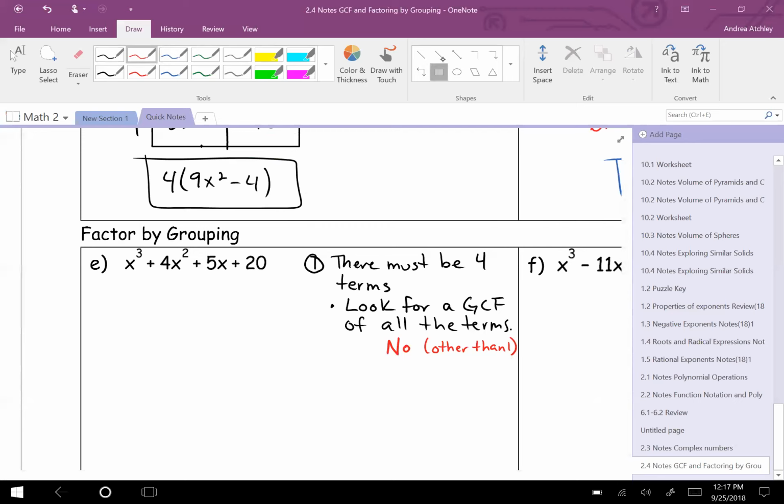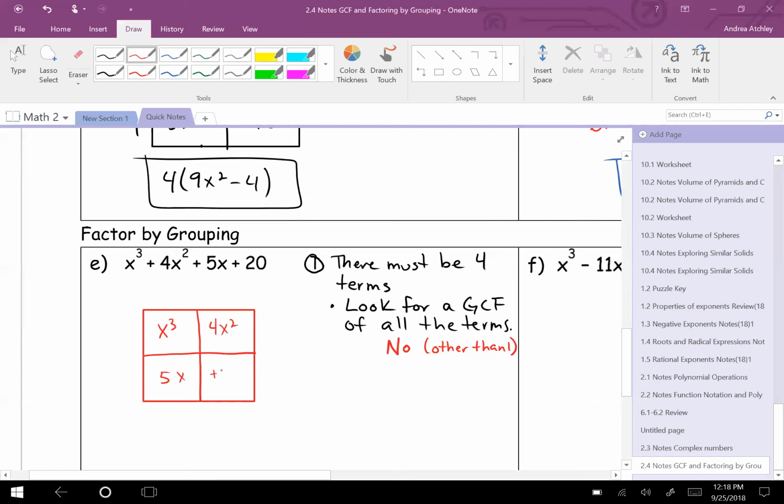So then we're going to create our box. And since there's 4 terms, we're going to create 4 terms here. So it's x cubed, 4x squared, 5x, and 20.